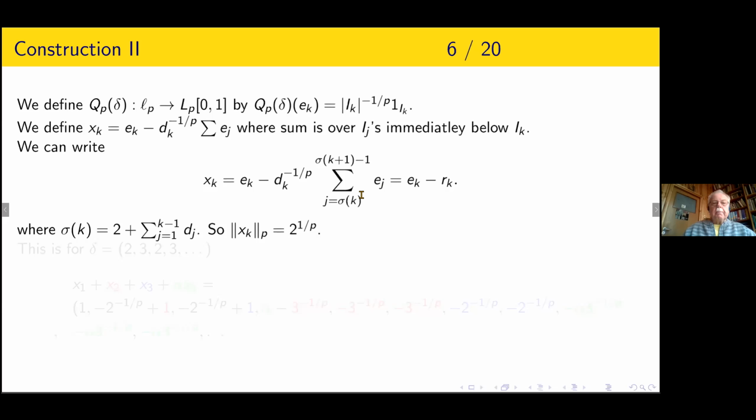We define sigma_k as this sum, and this sum gives us this vector.